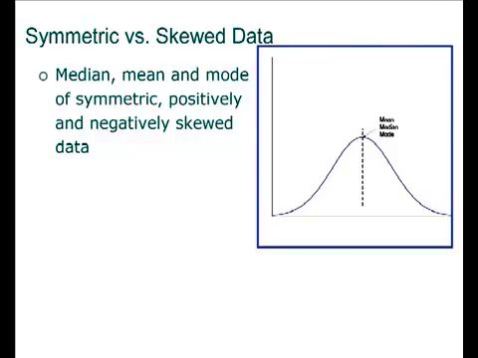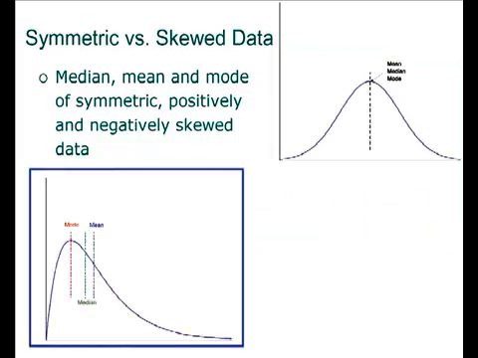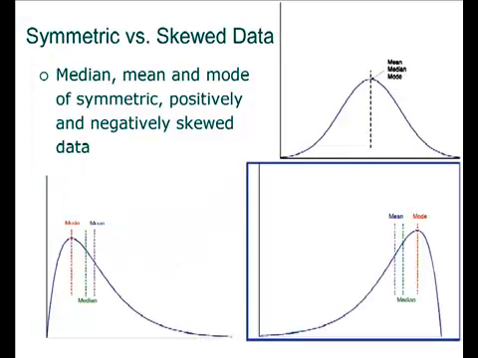Here mean, mode and median are all the same. The second figure shows positively skewed data and how mean, mode and median look. The third figure is an example of negatively skewed data. Real data generally is not symmetric. Therefore, the data may be either positively skewed or negatively skewed.